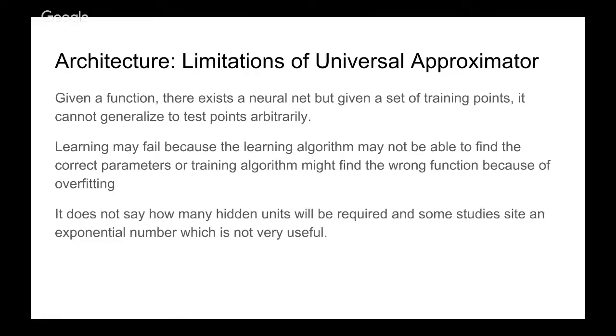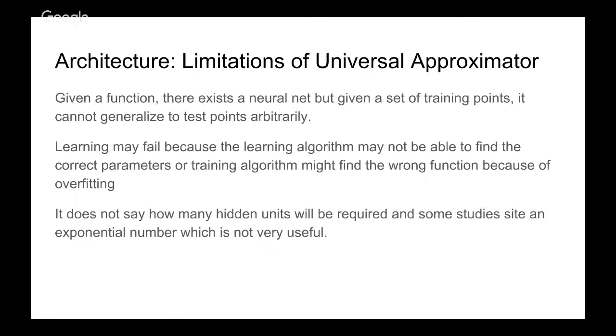Even though theoretically a single layer can learn a nonlinear function arbitrarily well, the learning might fail because it cannot find the correct parameters, or it may overfit. So it's not a silver bullet. It also does not say how many hidden units will be required, and for some nonlinear functions the number of hidden units required can even be exponential.